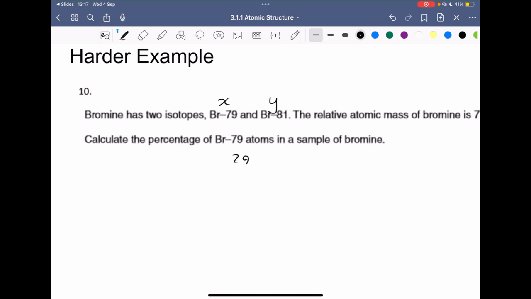So 79 times the percentage x, plus 81y, and then we divide it by 100, equals 79.9. These are percentages, by the way, if that wasn't made clear.